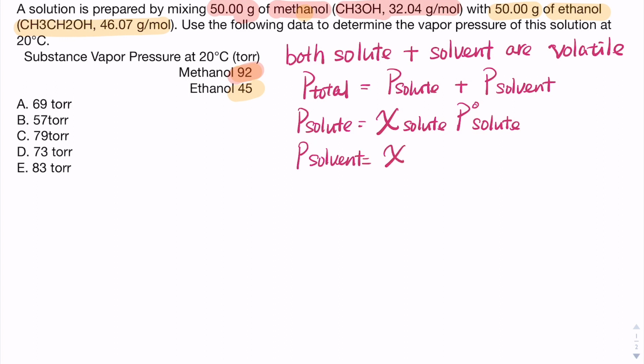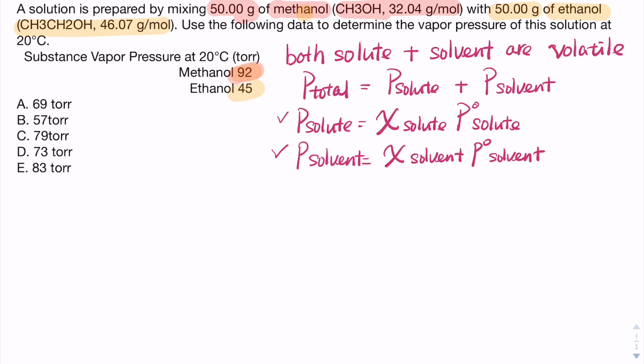That'll be the mole fraction of the solvent multiplied by the vapor pressure of the pure solvent. Now the next thing is we just need to figure out how to calculate each term in these two expressions. With the given information, we can easily calculate the mole fraction of the solute and the solvent. Okay, so now let's start.